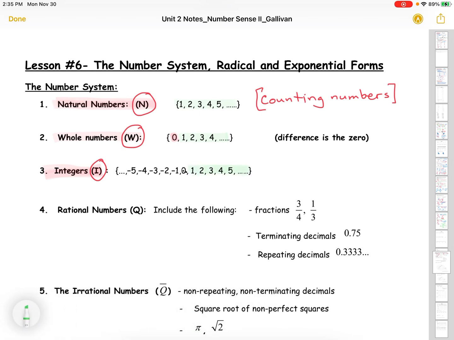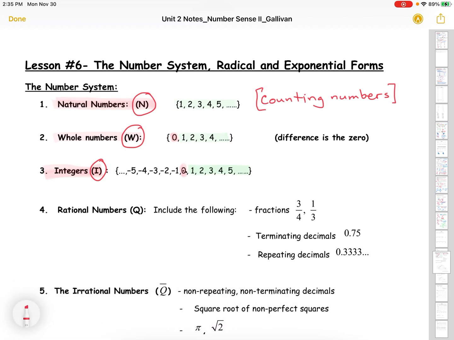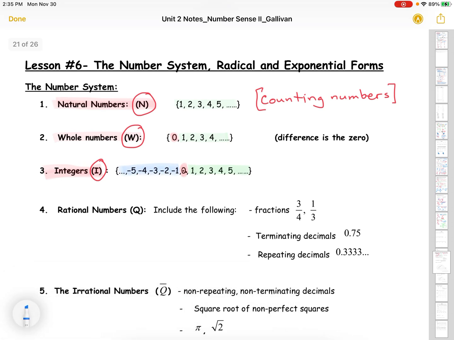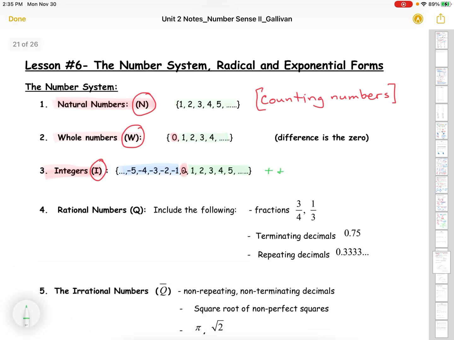is that there was our counting numbers. Then we added a 0 for our whole numbers. And then with integers, we start talking about the negative numbers, right? So here we have positive and negative numbers, okay?